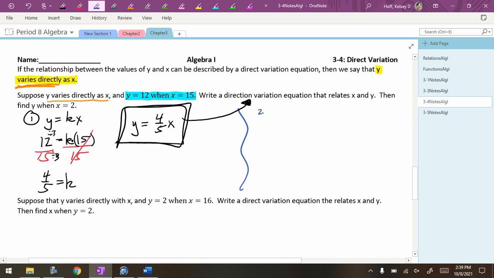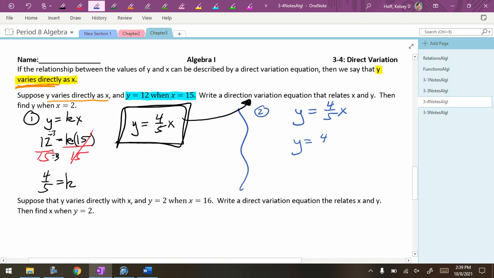So then part 2 says, find y when x equals 2. So now we take our equation, y equals 4/5 x, and they want us to find y when x equals 2. So what do I do now? Substitute in 2 for your x.